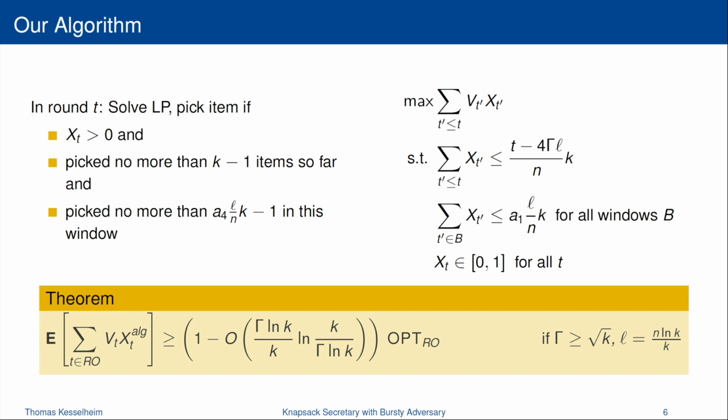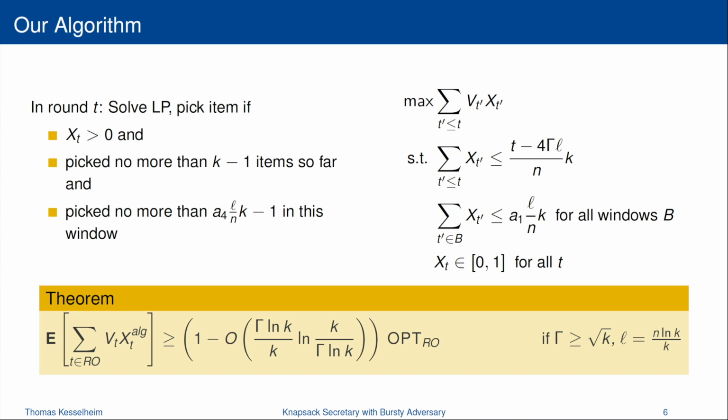The way you should think about this is the number of windows that contain adversarial rounds. If this only grows sublinearly in k, then for growing k, you get closer and closer to the random order optimum.